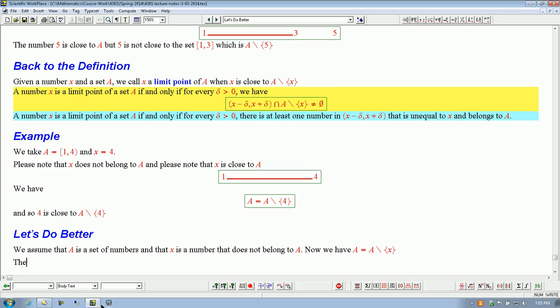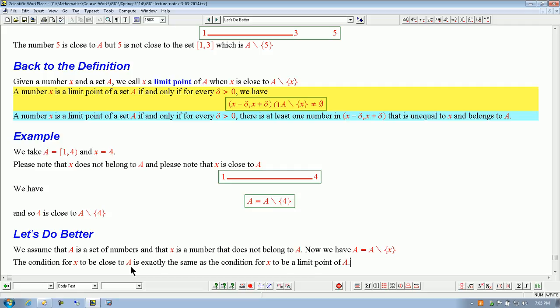The condition for X to be close to A is exactly the same as the condition for X to be a limit point of A. What does it mean for X to be close to A?